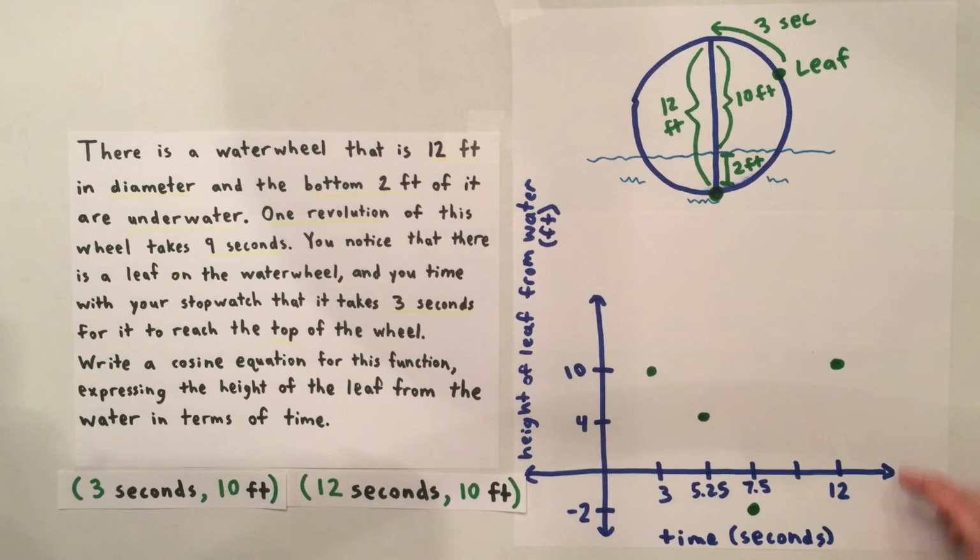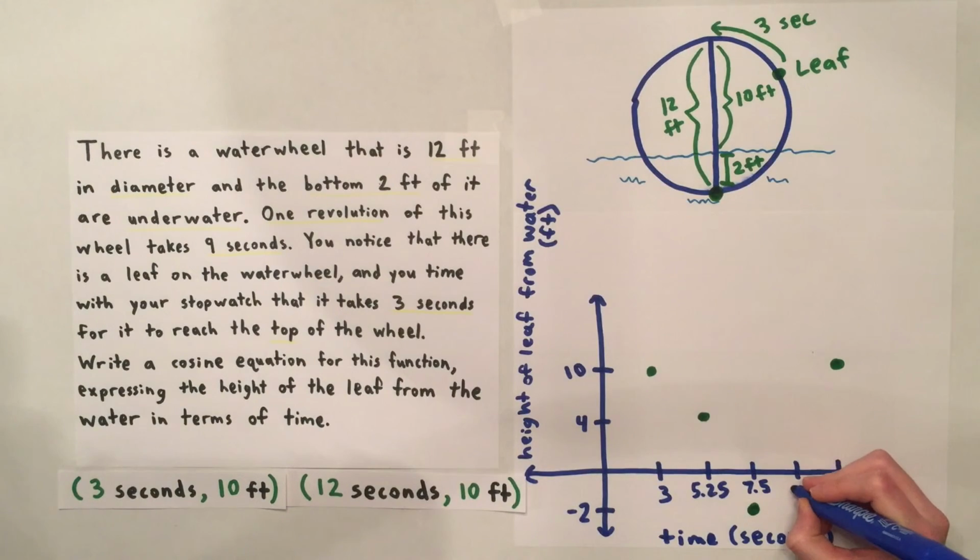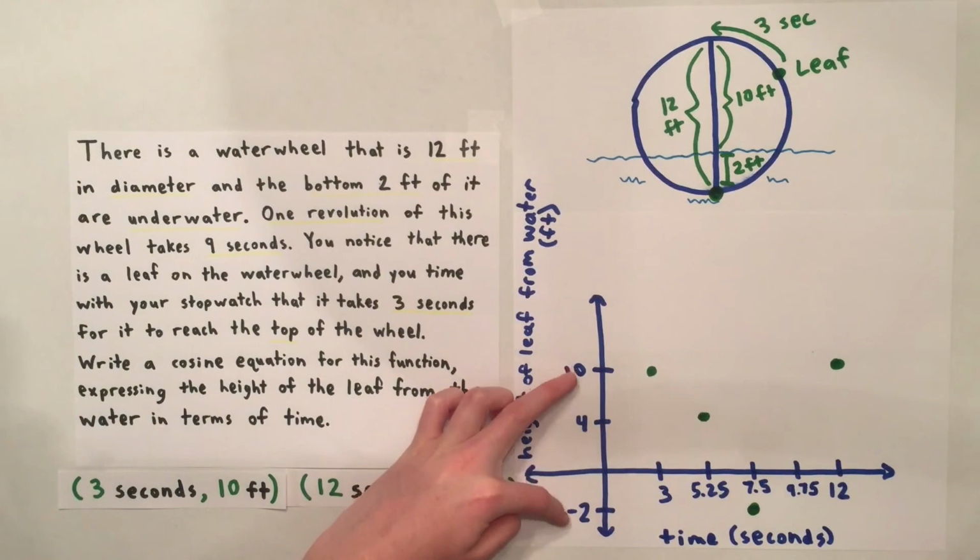Now, let's find the point between these 2 points. We can find it in a similar way to how we found the previous point. To find the x value, we take the average of the x values of these 2 points. So, we add 7.5 plus 12 and divide by 2, and find our x value to be 9.75. Now, to find our y value, we take the average of the y values of these 2 points.